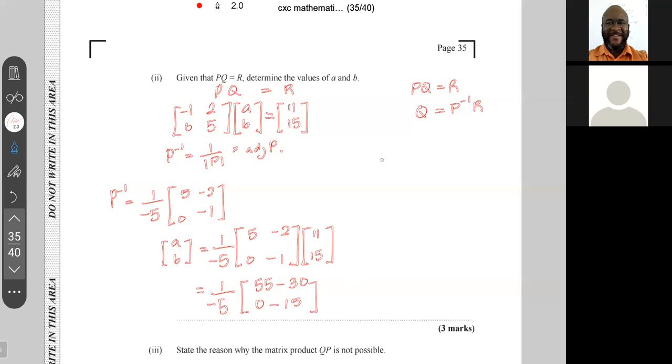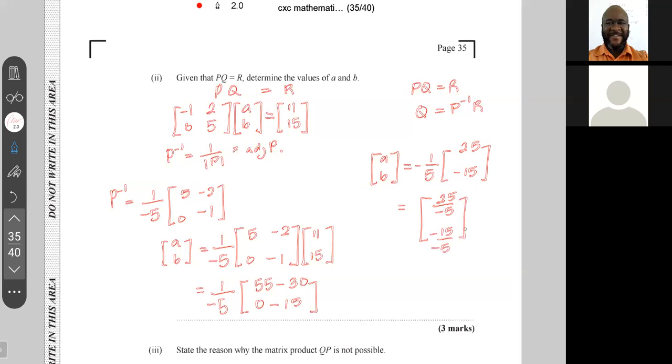So what we have is A, B is equal to minus 1 over 5 multiplied by 25, and down by the bottom, minus 15. Ladies, gentlemen, multiplying by 1 over minus 5 is the same as saying divide by minus 5. So this is 25 divided by minus 5, and this is minus 15 divided by minus 5.